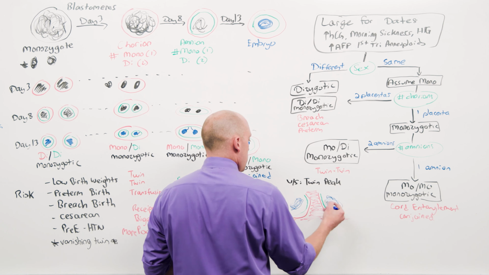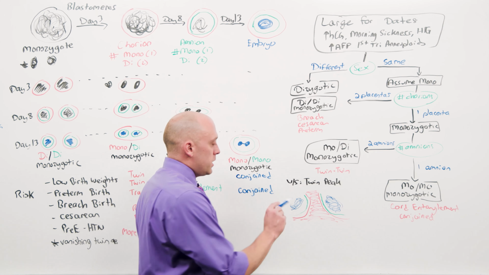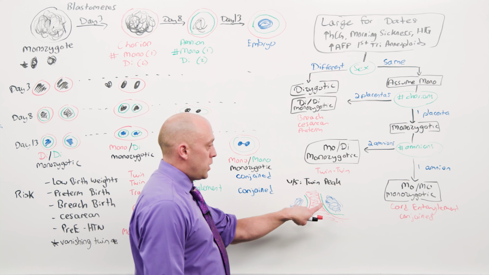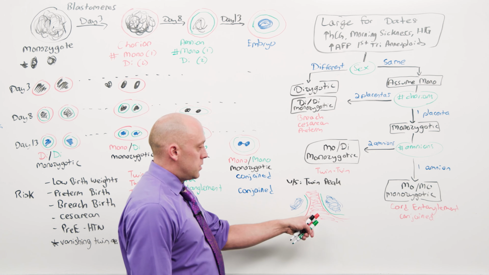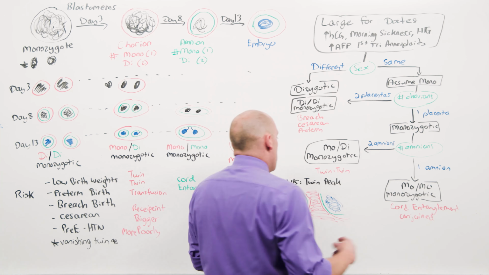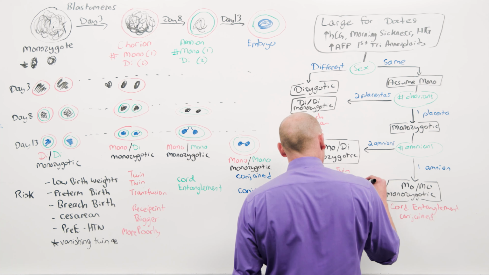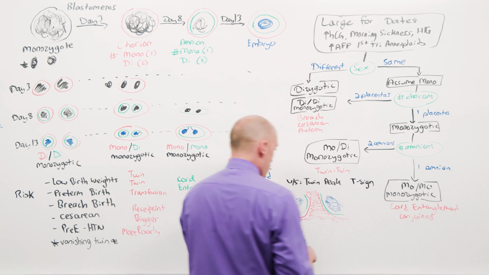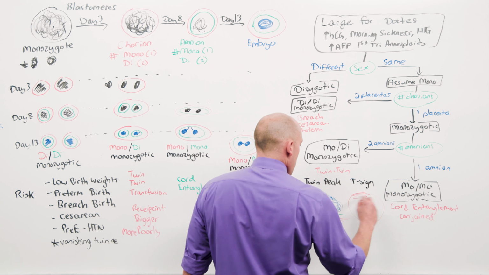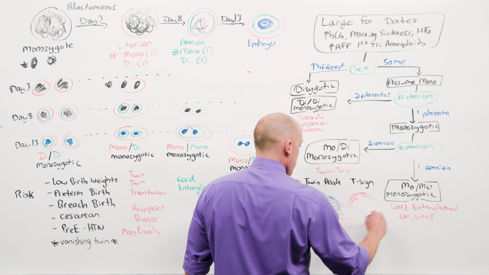Now, twin peak sign has nothing to do with the movie, the TV show, or the restaurant chain. It's a twin peak because there's twins, and it's a peak because I don't know why, but that's what it's called. Then there's T sign. What T sign is going to be is 1 chorion.